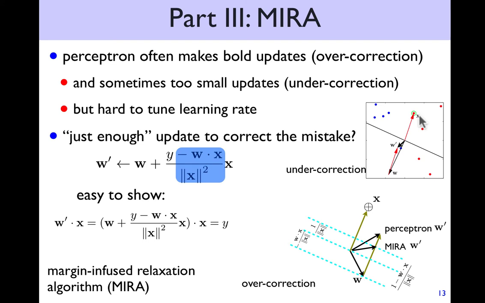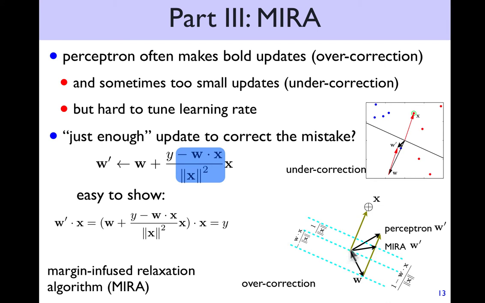The learning rate should probably be 2. If the learning rate is 2, then your new weight vector will be somewhere here, and that would correctly classify this example. In this other case, it's overcorrection, and overcorrection is actually more common in practice than undercorrection. That's the original motivation of Myra: to avoid overcorrection, and at the same time fix undercorrection as well.